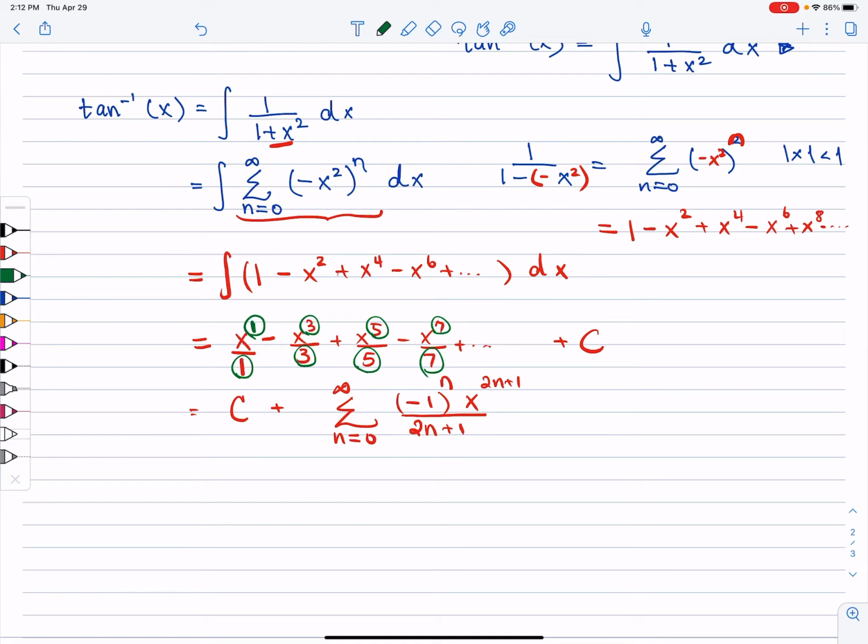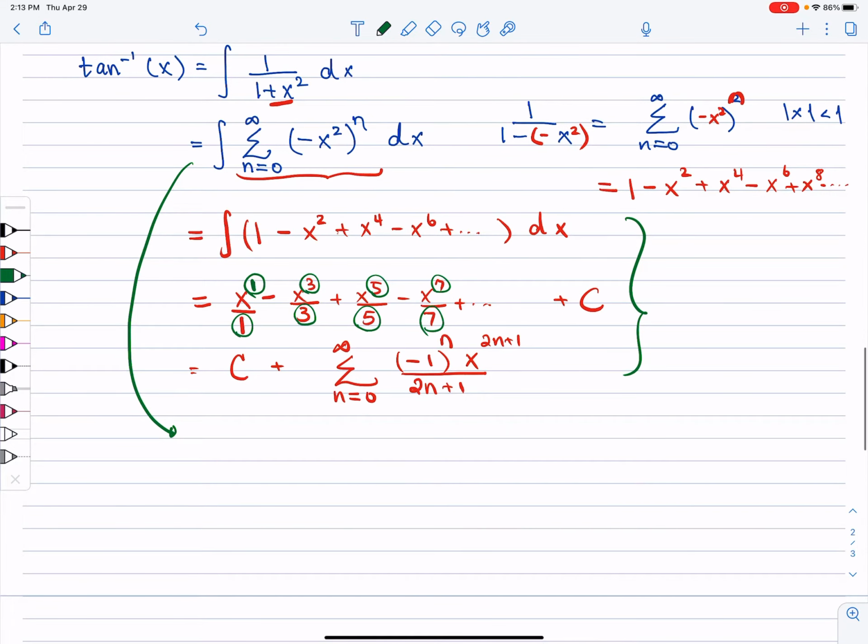We can actually save all this work and do the following. So we have the integral of sigma as n goes from 0 to infinity, negative 1 to the n, x to the 2n dx.